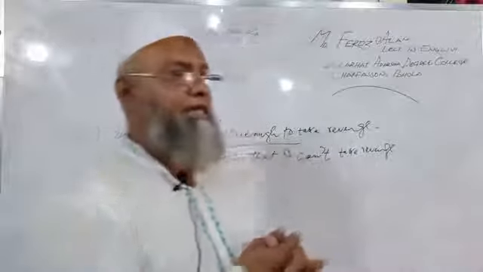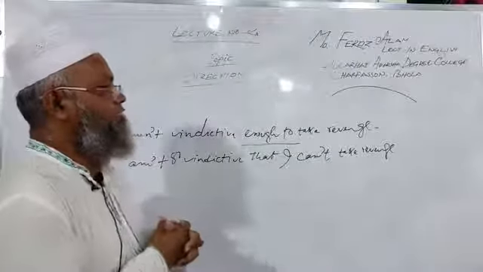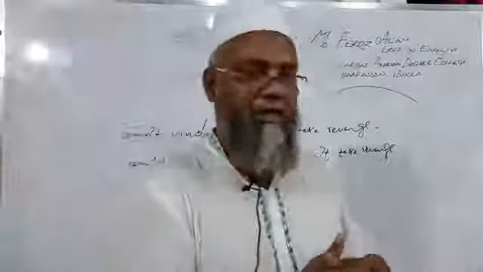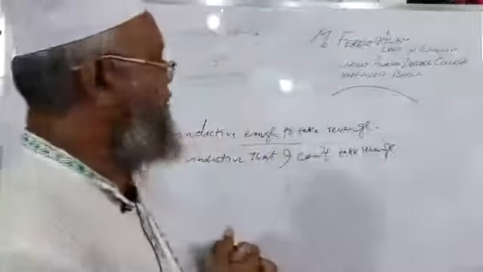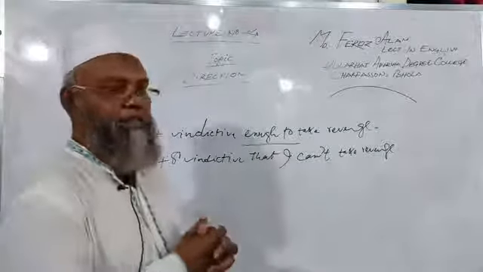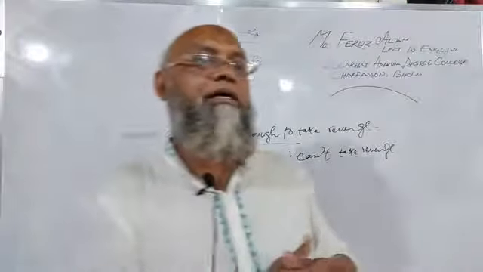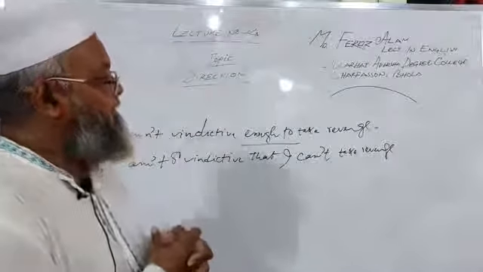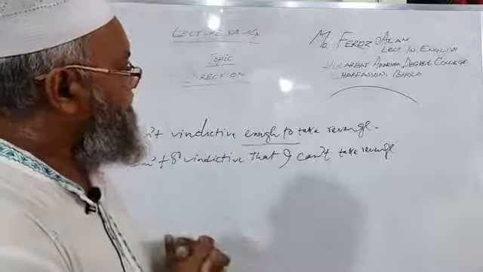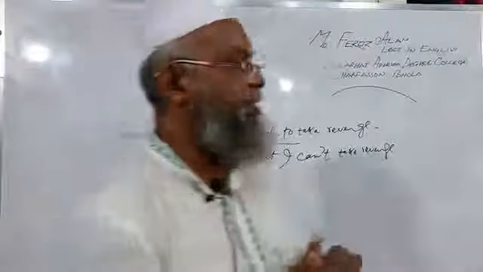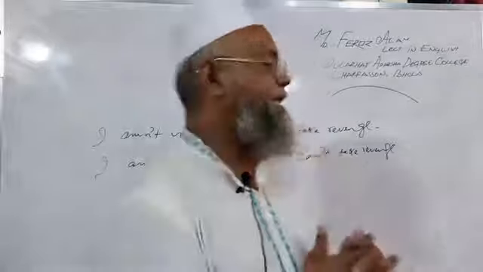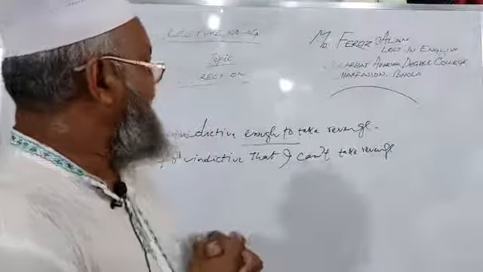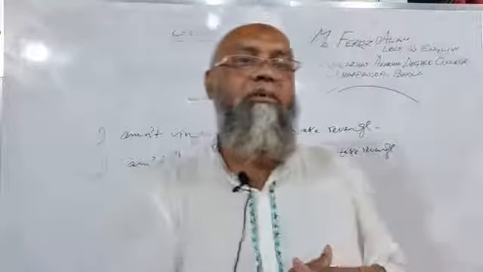Only use a conjunction, and or but. When you find though or although, in that time you can use but in the compound sentence. And when you find that or so that, you can use and or and so to make a compound.